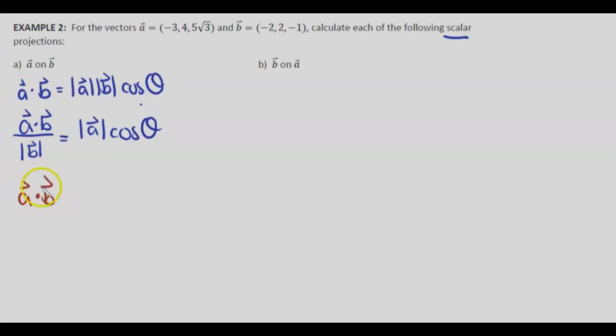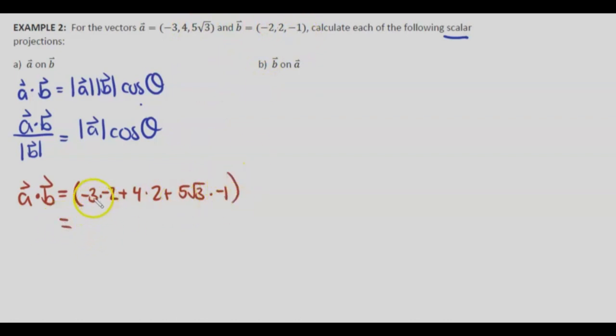So for A dot B, because these both are in component form, we're going to take -3 and multiply it by -2. Then we're going to add 4 multiplied by 2. Then we're going to add 5√3 and multiply it by -1.